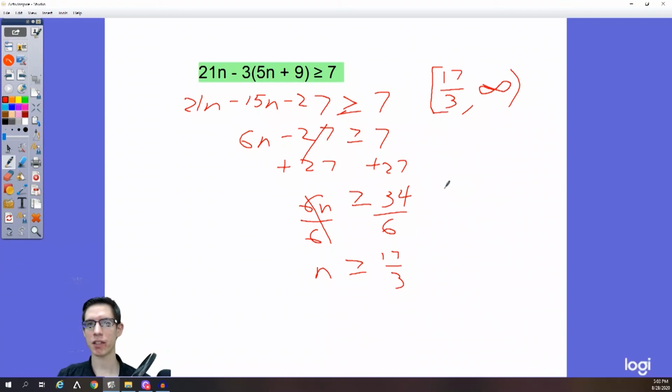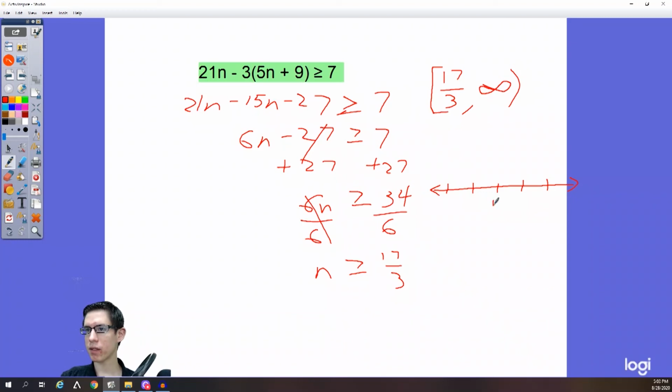And if I wanted to sketch that out, let's say I draw my arrow here. Because it's 17 thirds, I'm going to cheat a little bit here. Let me spread those out a little bit more. It'll be easier to write if I have a little more space.